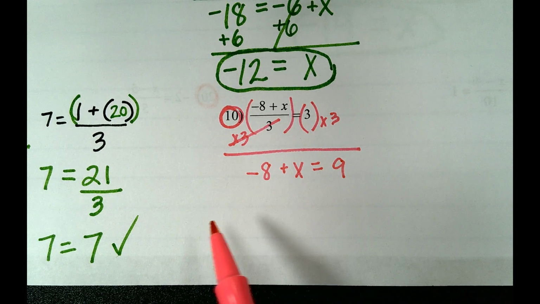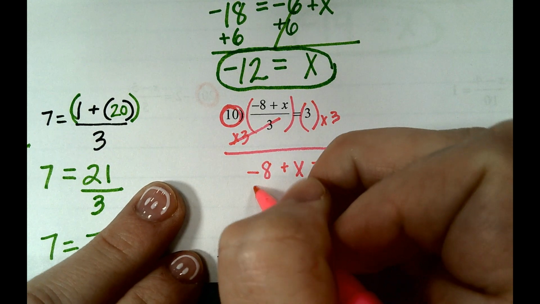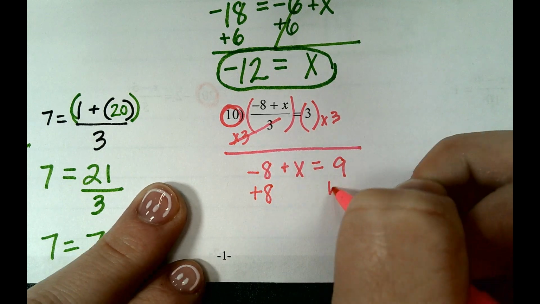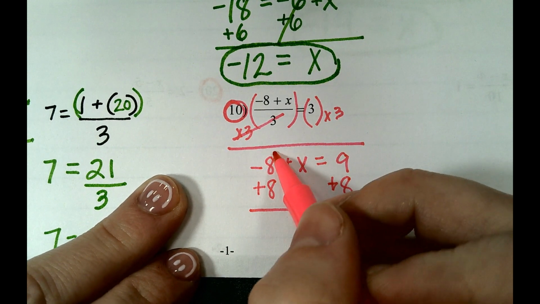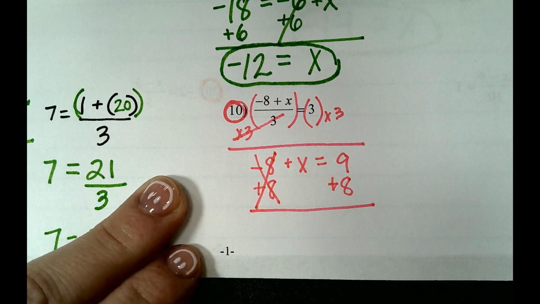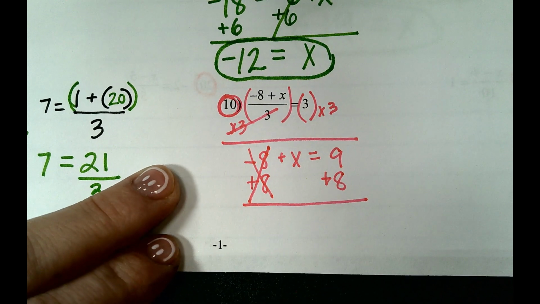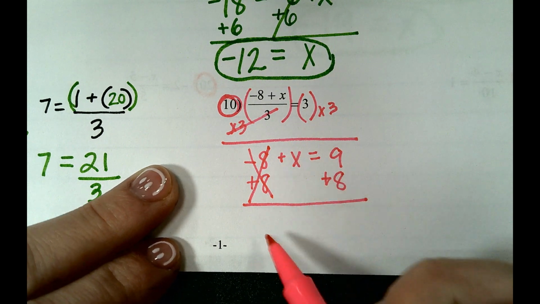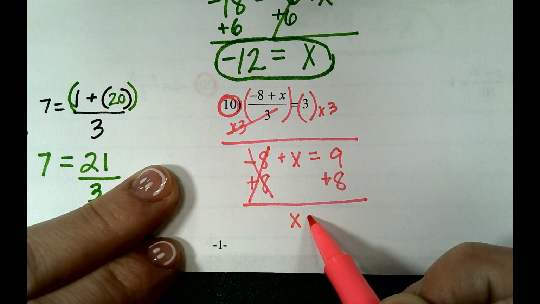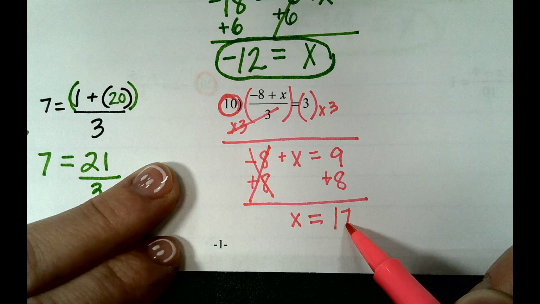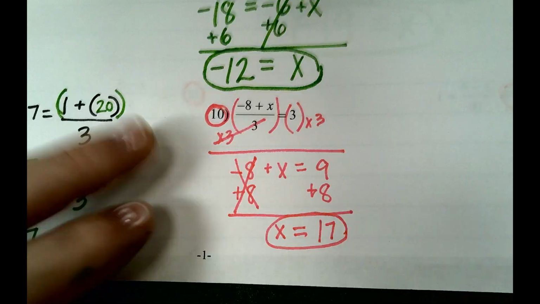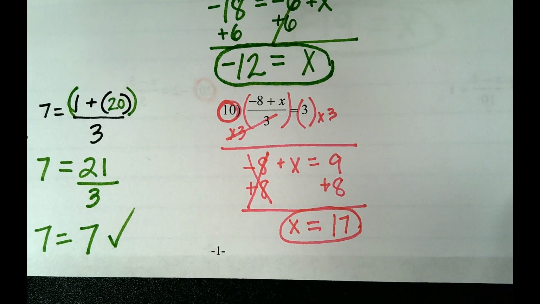What do we do? Add 8. Negative 8 and plus 8 cancel. Bring down my x equals 9 plus 8, 17. Good.